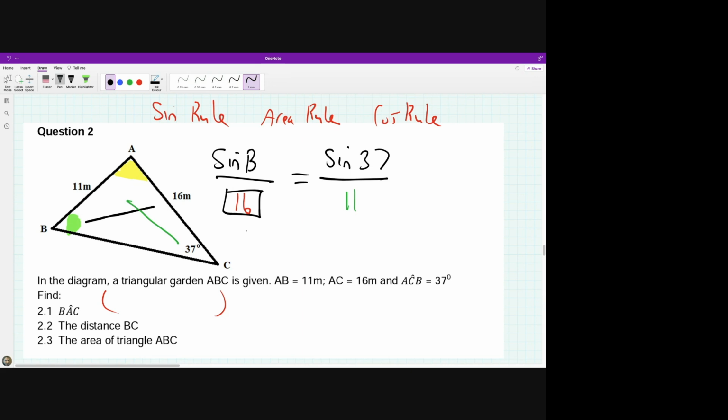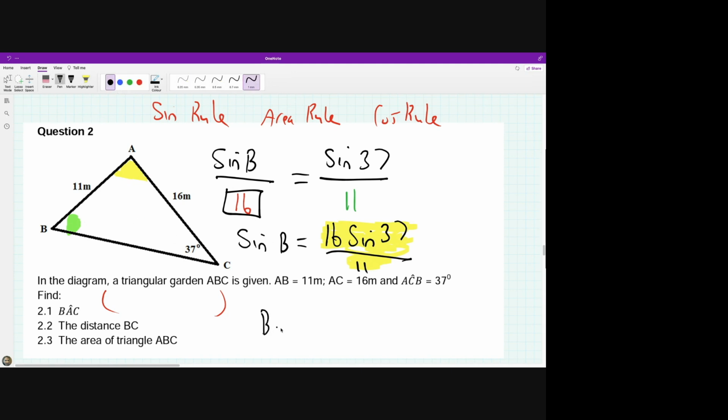Now, and this goes back to lesson 2, sine of B, if I bring the 16 across, is 16 sine 37 over 11. And if I go shift sine of this whole thing in yellow, I will get the angle B. So can you please find me the angle B using this command on your calculator?